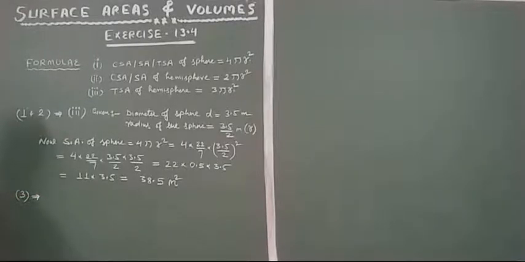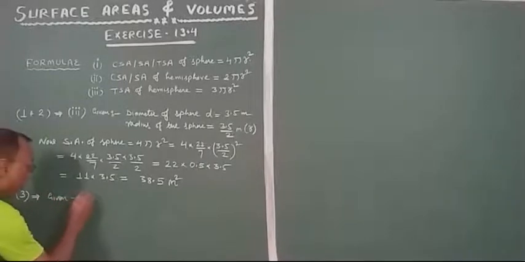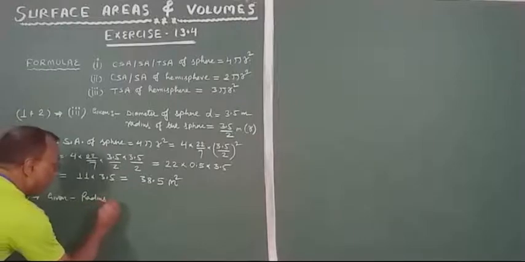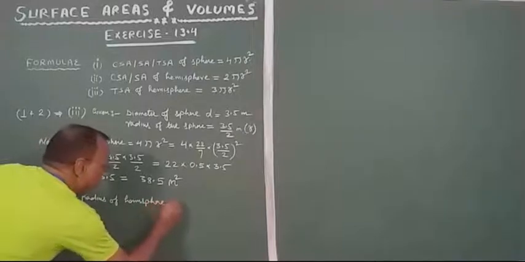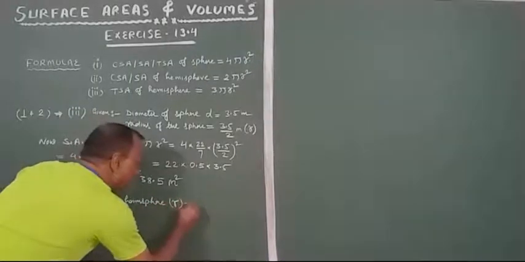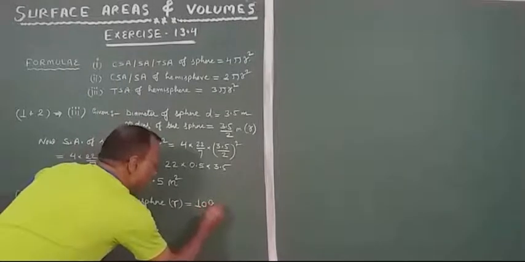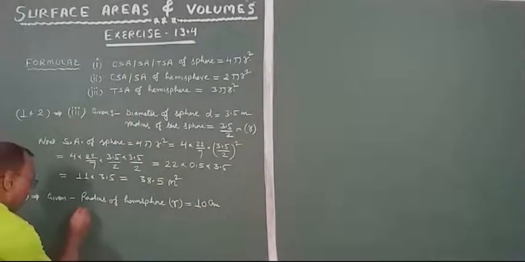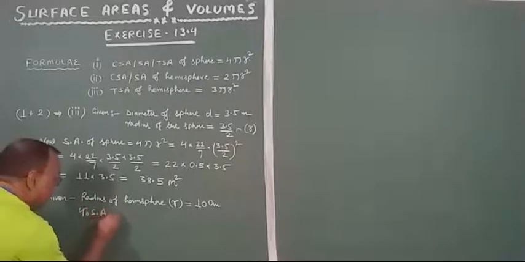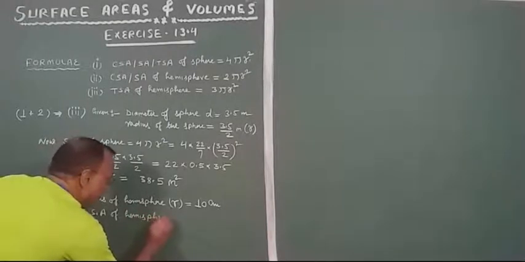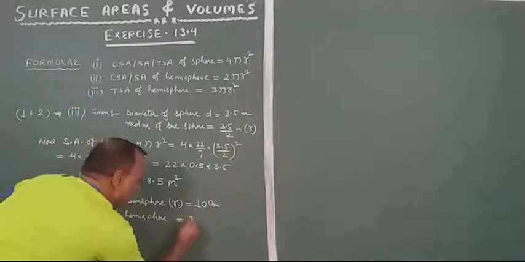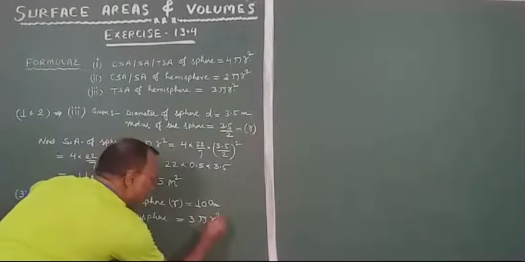Now this is question number 3: find the total surface area of a hemisphere of radius 10 centimeter. The radius of the hemisphere R is given 10 centimeter. The total surface area of hemisphere is given by 3 pi r square.